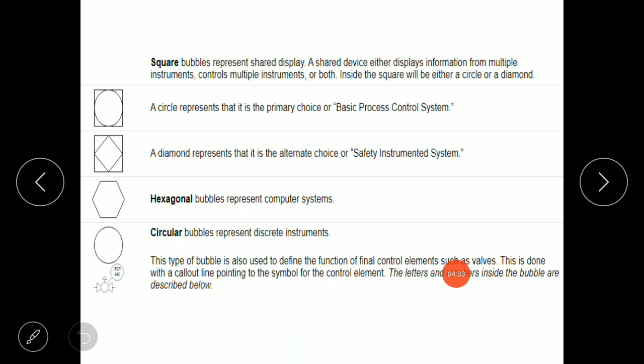Here you can see the various instrumentations. A circle represents that it is the primary choice or basic control system. A diamond here represents that it is the alternate choice or safety instrumented systems, etc. All of these bubble types are further defined by horizontal lines or lack thereof, and these lines define whether the instrument is located and whether or not it is accessible to the operator.